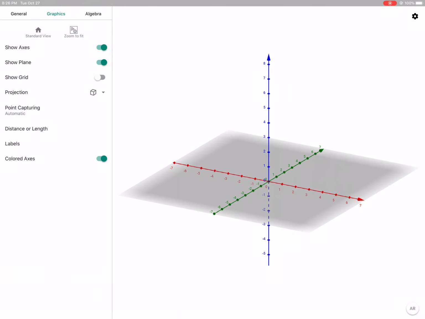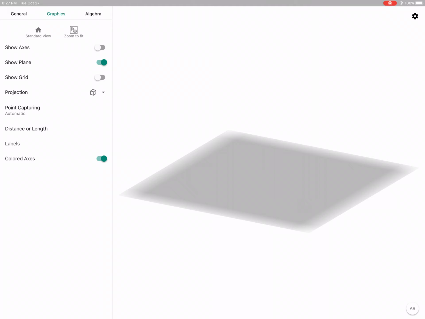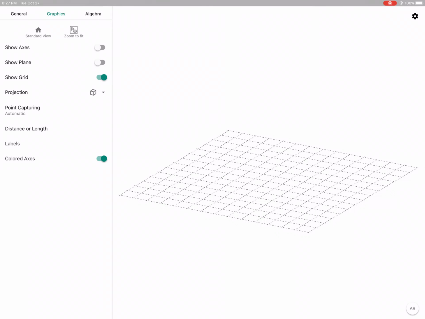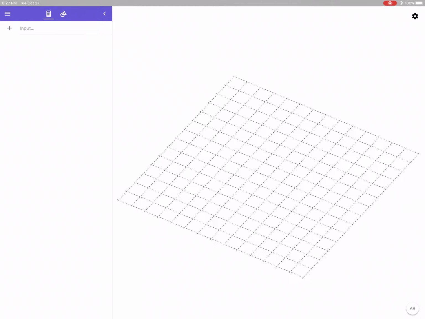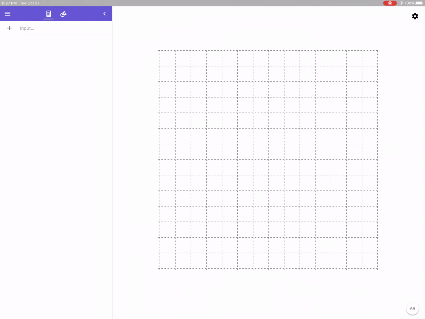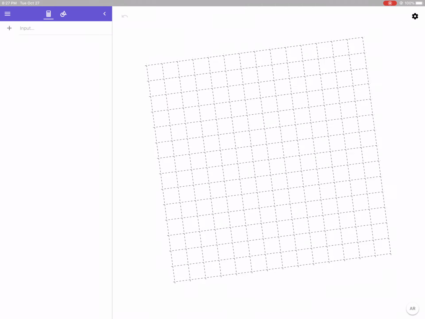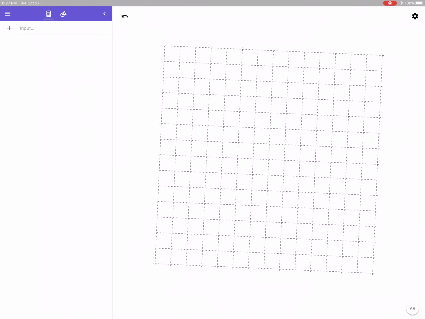If we go to settings, I'm going to turn the axes off, turn the plane off, and turn the grid on. Now I can click anywhere on the screen, and I'm going to rotate it a little bit so it actually looks two-dimensional, which makes life easier. Whoops, and then it's spinning on me.